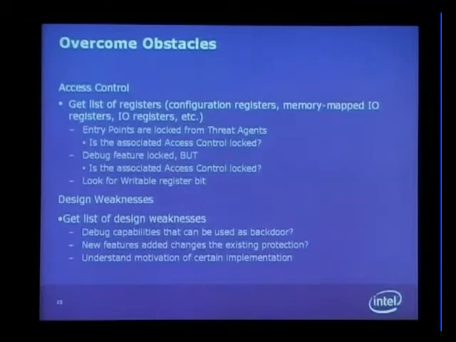Although it is locked, can we get this register to influence the path that we want to analyze? The other thing is we want to make sure that the register we look at can be written from a user point of view. If this is a read-only register, it will be meaningless for an attacker.